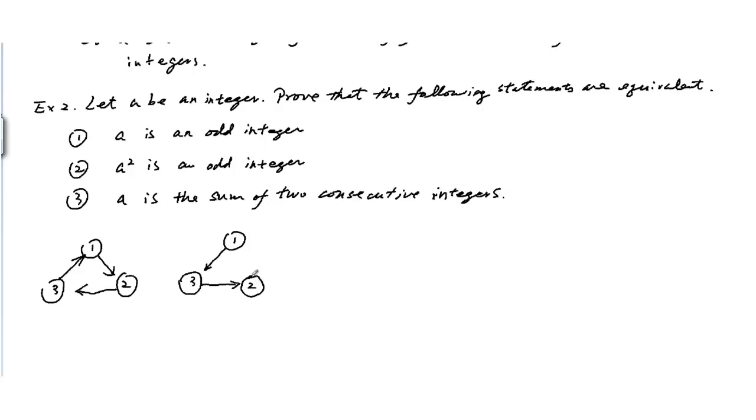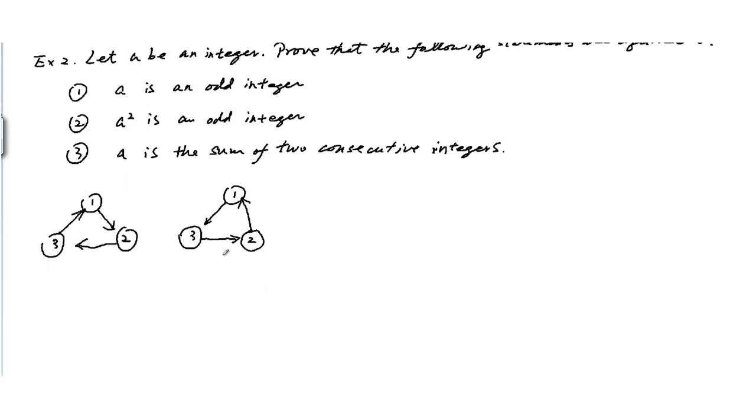And then from 2 to 1, you can also go any way you like. As long as you can prove from one to the other, then that is an equivalent statement. So in this case, because we did some proofs before involving these statements, we would choose this one. So we prove from 1 to 3.